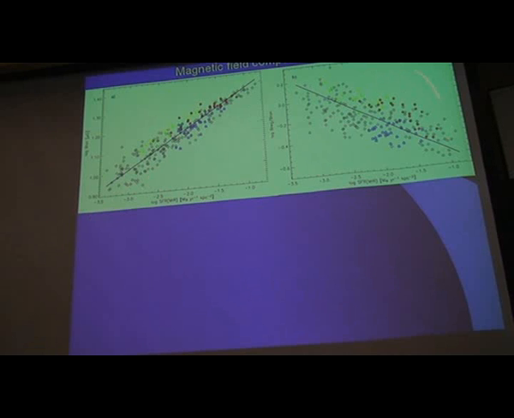But the second picture is even more interesting. It gives the field regularity, which is defined as the ratio of the regular to random field. In contrast to the total field, the field regularity strongly drops off when you go to the regions of higher star formation. This is for a sample of galaxies? This is for one galaxy. One galaxy. Yes. And how do you estimate the star formation?